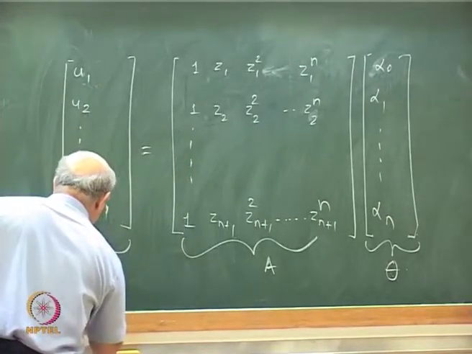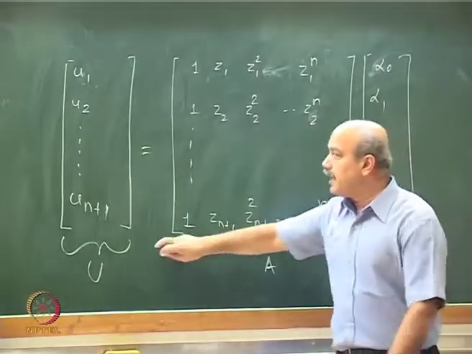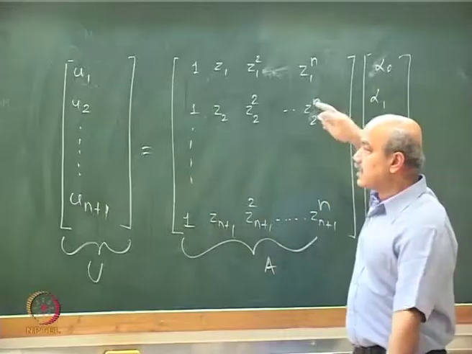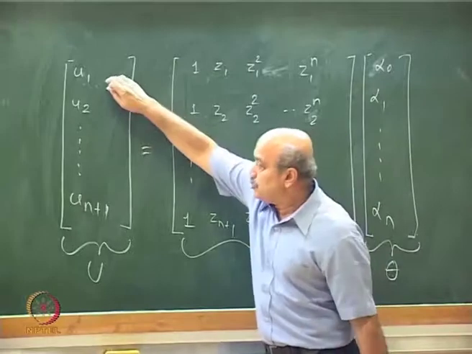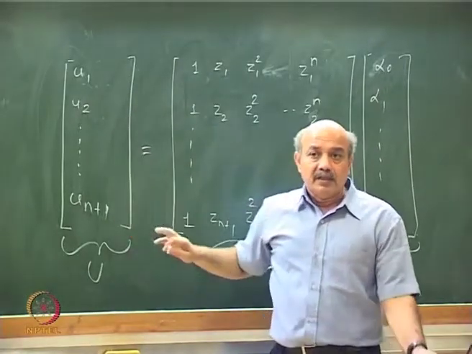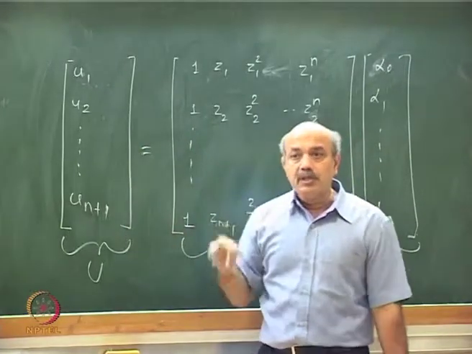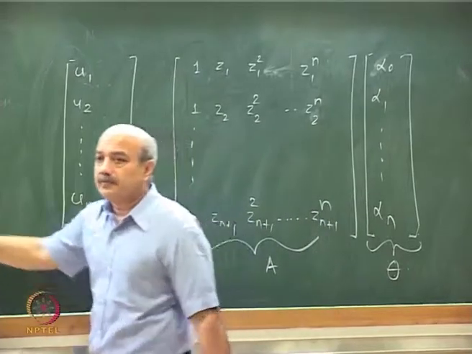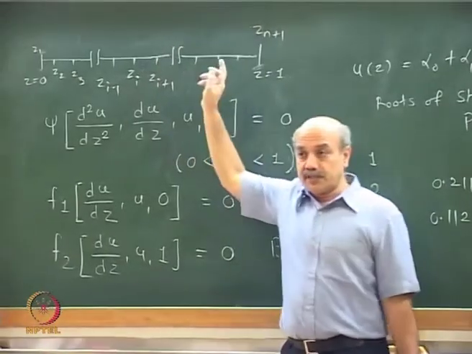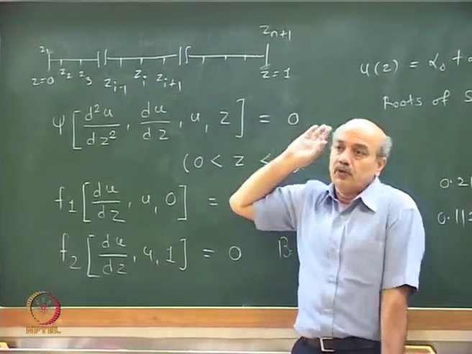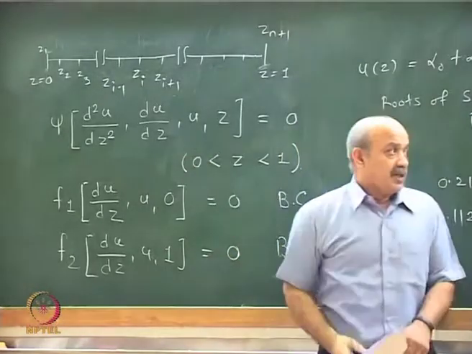These were represented as capital U. To express alpha 1, alpha 2, alpha 3, alpha 4 in terms of u1, u2, u3, u4, the problem here is that u1, u2, u3, u4 are actually solutions of this ordinary differential equation at the collocation points. So these are not known to us. They will be known to us when we solve the differential equation. So here there is a trouble.